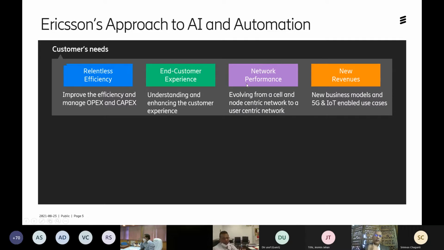Third one needs to think in terms of how do you evolve what has classically been a very node-centric or infrastructure-centric way of looking at the network to a user-centric way.